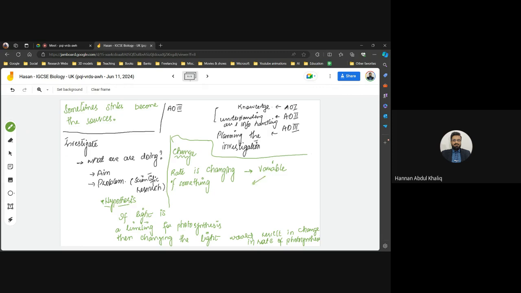One variable is called light, and the other variable is called rate of photosynthesis.